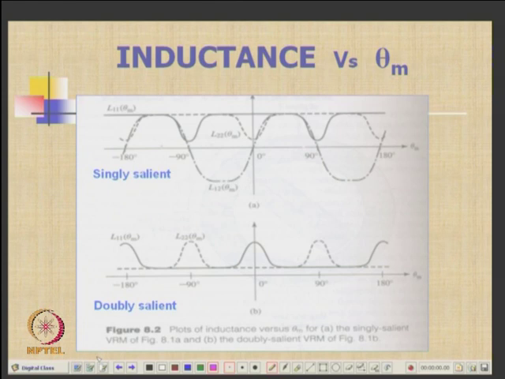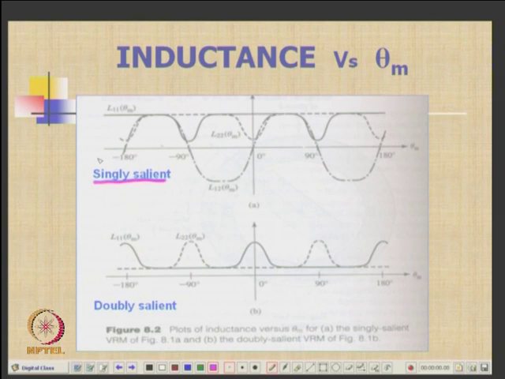So, for this 4 by 2 machine, if it is singly salient, you would expect these variations will be like this.